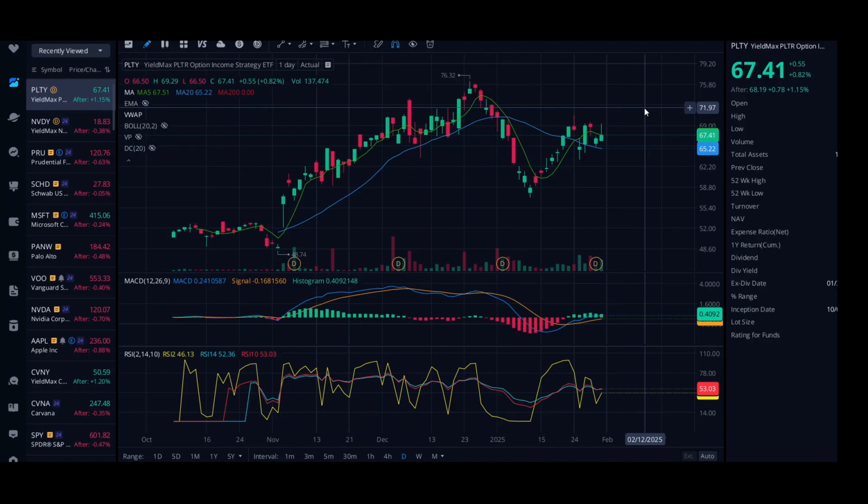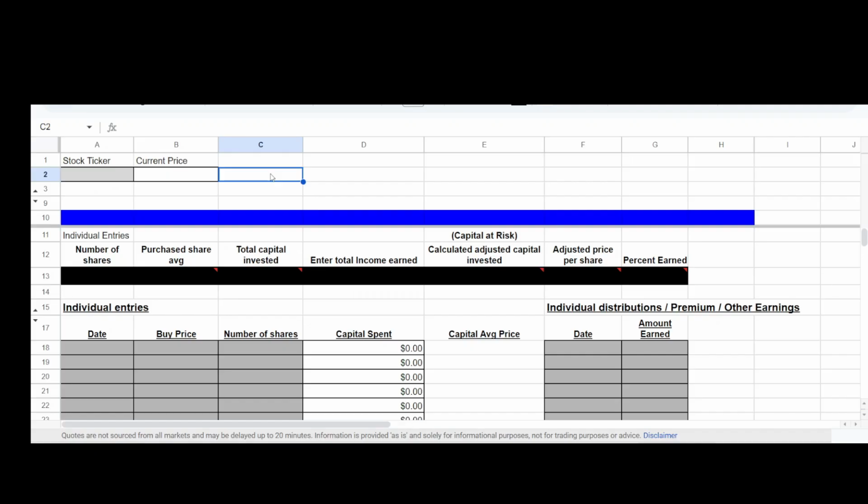So let's slide over to my spreadsheet and find out what my calculated average is and my purchased average. I'll go through that, and together we'll see what it is. Here we are on my spreadsheet. It's a pretty simple spreadsheet.